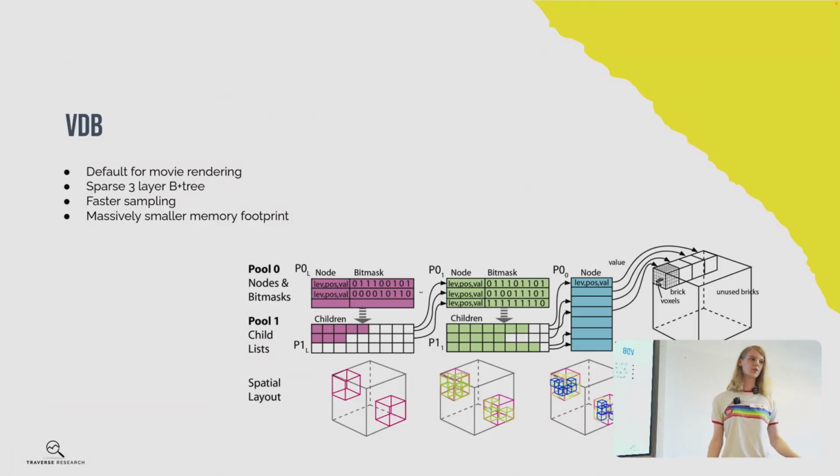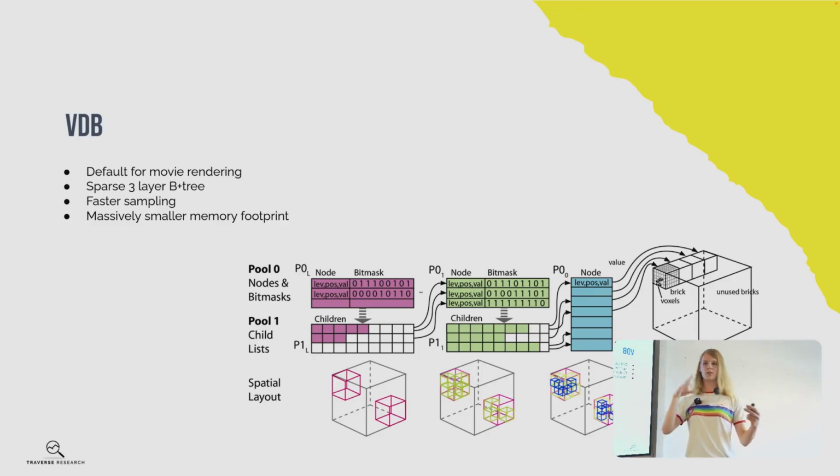And the structure is quite simple, actually, because every node only contains a bit mask and a pointer to the children until you are at the voxel level. So the bit mask tells you whether a volume is active or not. If there's a 0, that means there's no volume in that voxel.